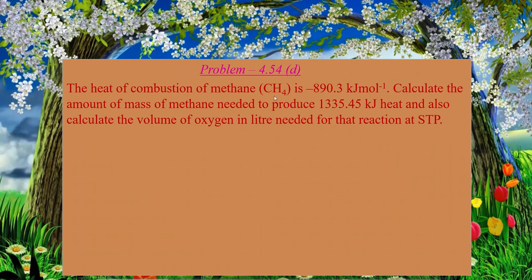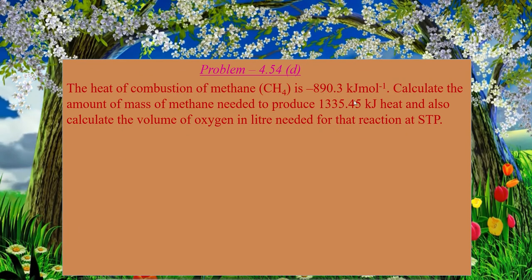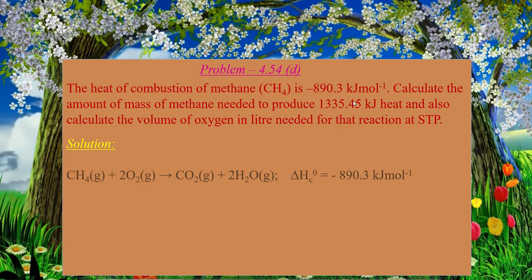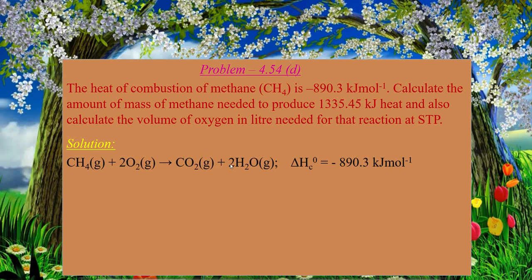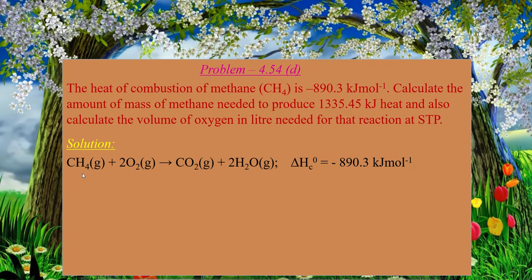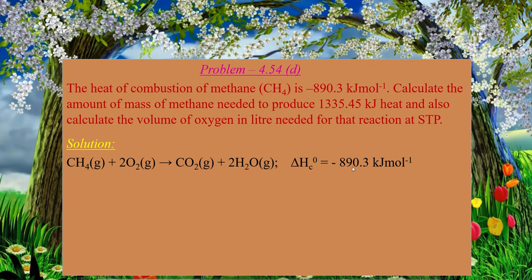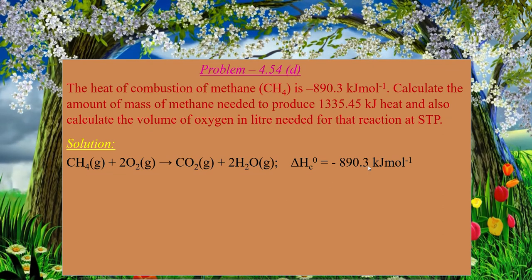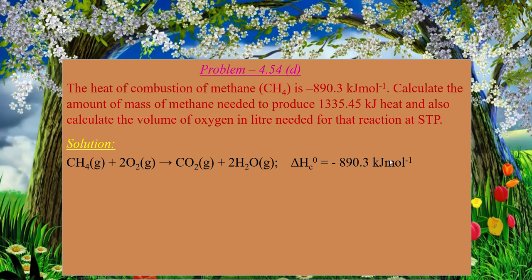Look, here the heat of combustion of methane is given. So in the solution, at first we have to write the combustion reaction of methane with balance. Here, the heat of combustion of methane is for 1 mole methane. So the heat of combustion of methane equals minus 890.3 kilojoule per mole.